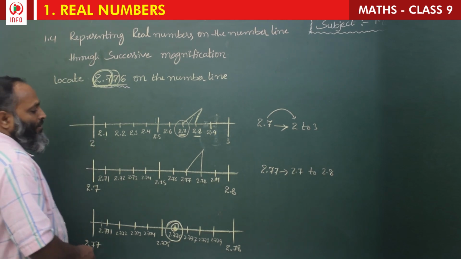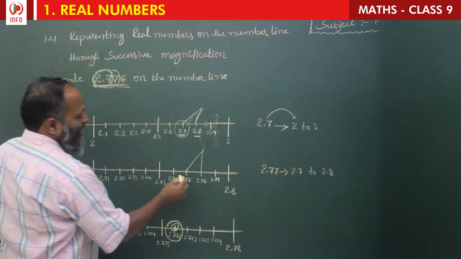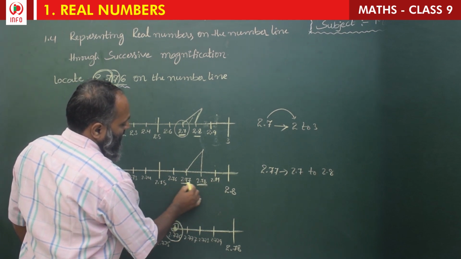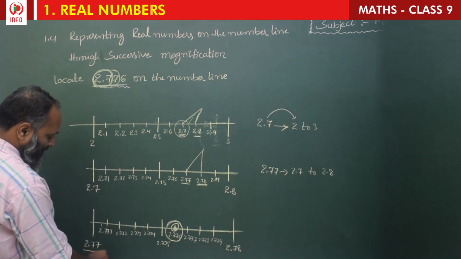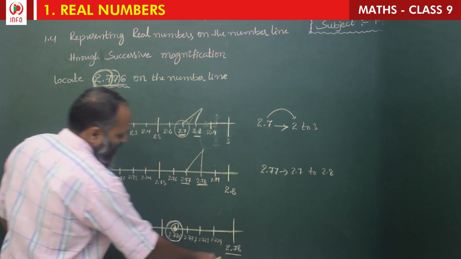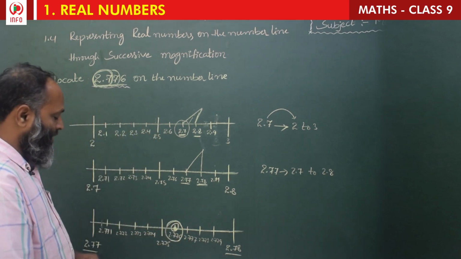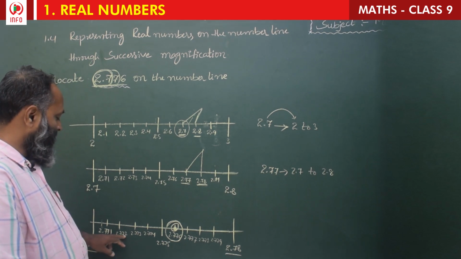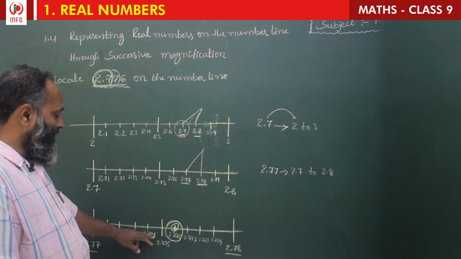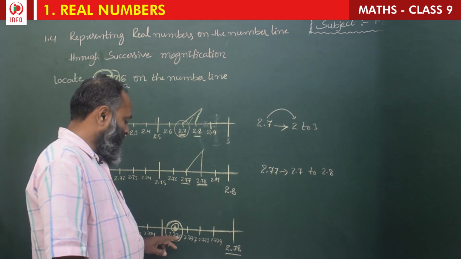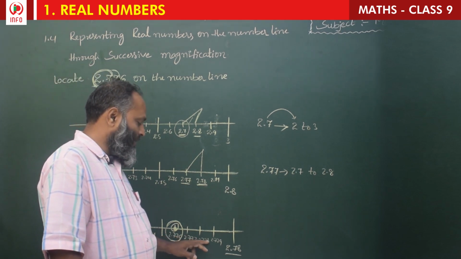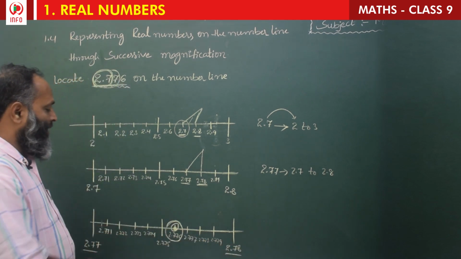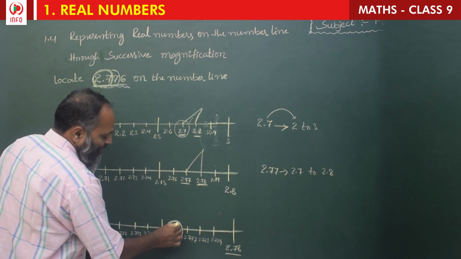Now we need 776, in between 77 and 78: 770, 771, 772, 773, 774, 775, 776, 777, 778, 779, 780. So here we have 2.776.